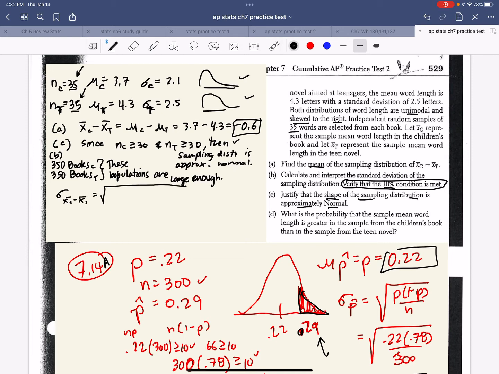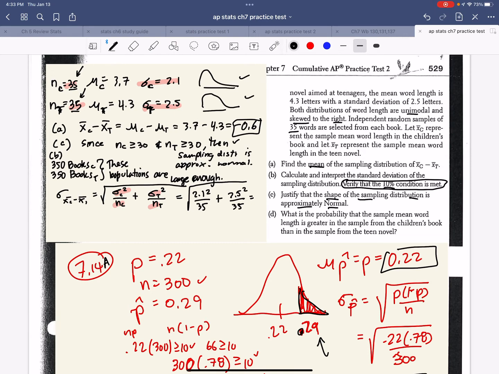I'm going to take sigma squared over n plus sigma squared over n, because I can add variances and then take the square root of the whole thing. So 2.1 squared over 35 plus 2.5 squared over 35. Take the square root of the whole thing.